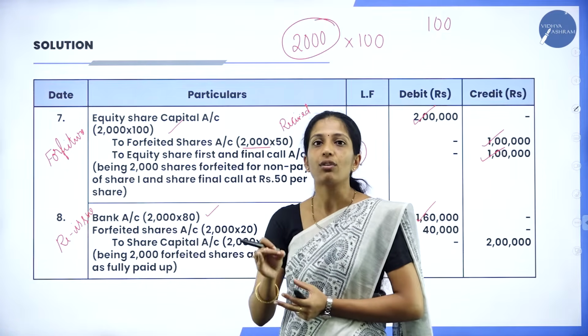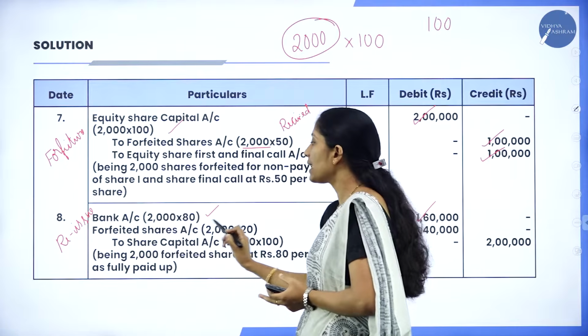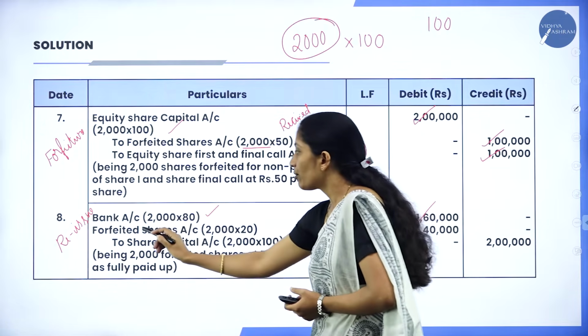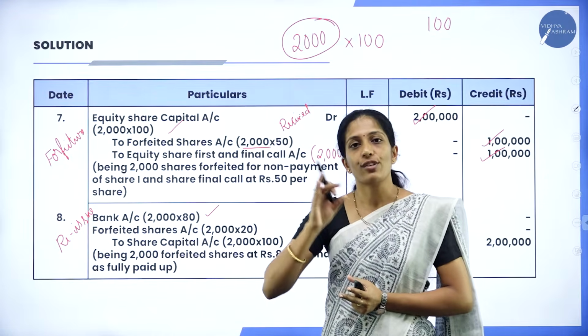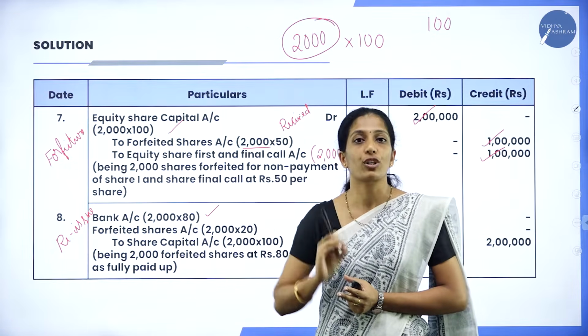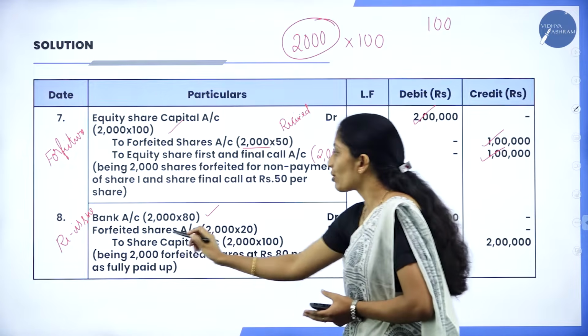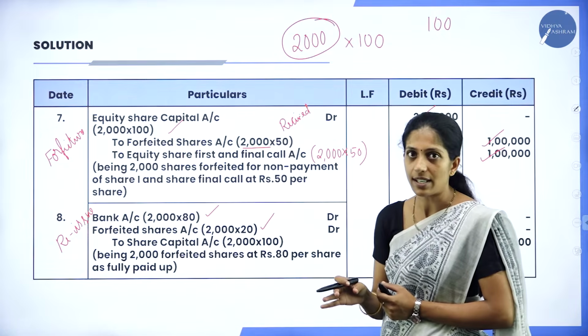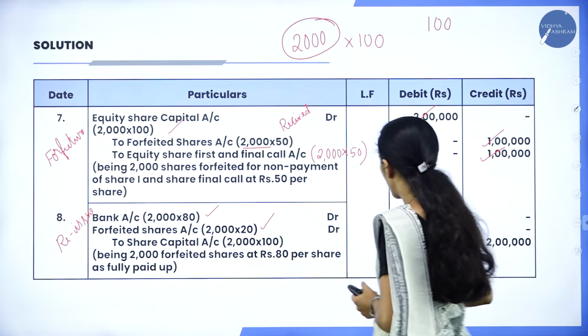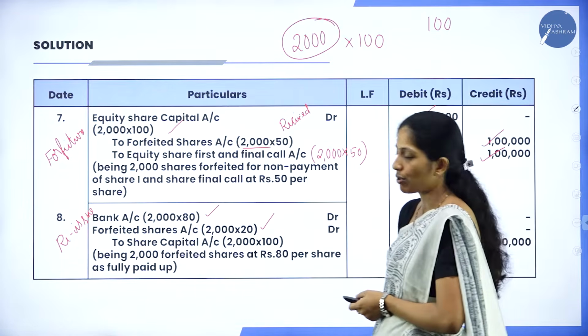So that discount will be transferred to forfeited shares account. If the reissue is done at a discount, that discount has to be transferred to forfeited shares account. So forfeited shares account, 2,000 into 20 rupees discount, that is 40,000.